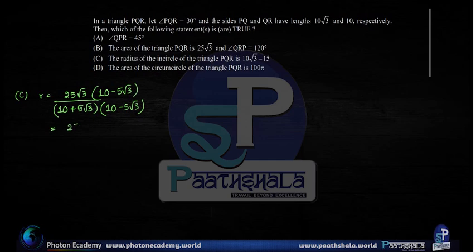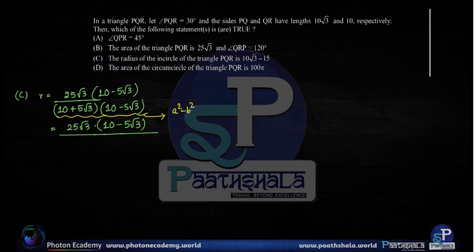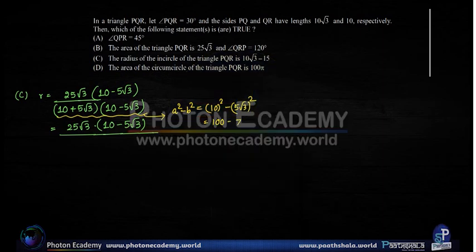That implies 25 root 3 into 10 minus 5 root 3 divided by, we have this as A plus B into A minus B, which is A square minus B square, which is equal to 10 square minus 5 root 3 square, which is equal to 100 minus 25 into 3, 75, which is equal to 25.